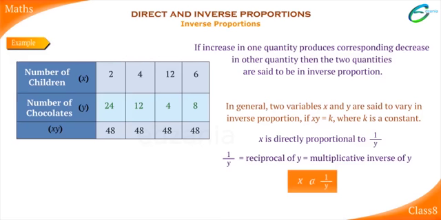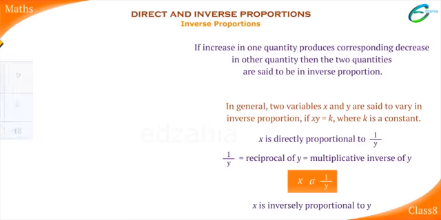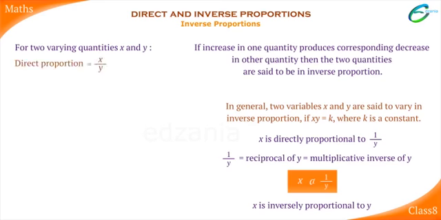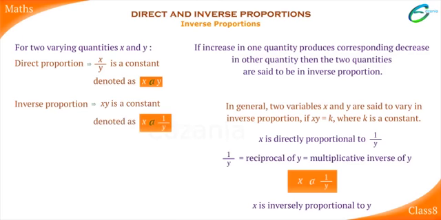This relation is also read as x is inversely proportional to y. Thus, when two varying quantities x and y are in direct proportion, x over y is a constant. And when they are in inverse proportion, their product xy is a constant.